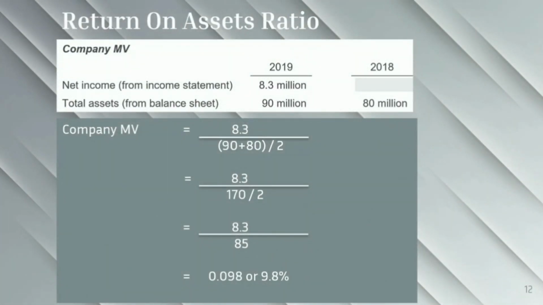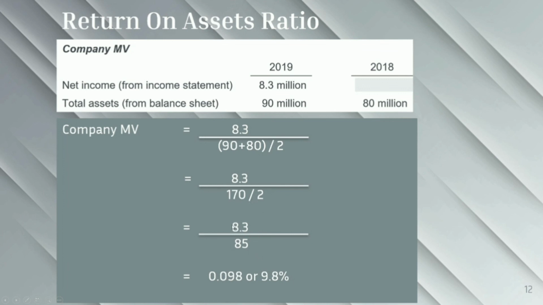First we will get the return on assets ratio of company MV. Don't mind the 2018 net income, because we will only be getting the year 2019 ratio. So for company MV, input the given: 8.3 million is our net income over 90 plus 80 as our total assets of 2019 and 2018, divided by 2. 90 plus 80 is equal to 170, and 170 divided by 2 is equal to 85.